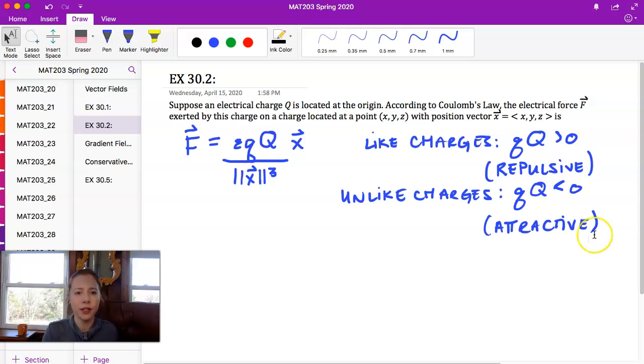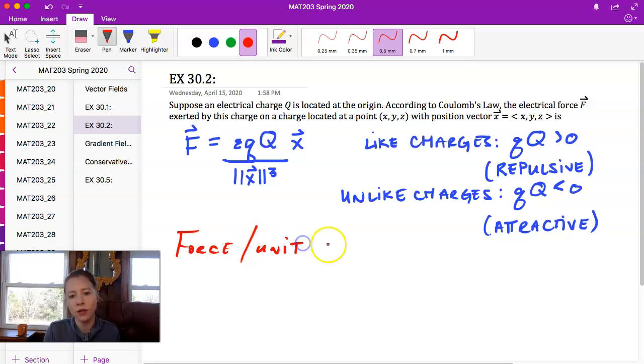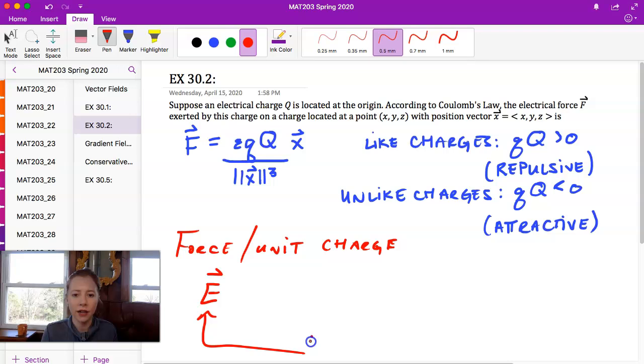So usually this is written as a force per unit charge. So another way we look at this is force per unit charge. And we call that E, which is the electric field. Vector E is the electric field.